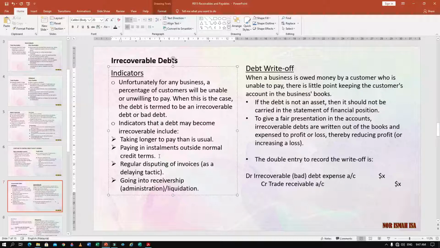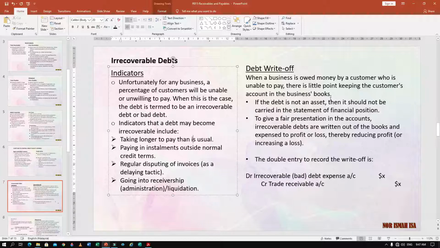Regular disputing of invoices, or going into liquidation, so the customer becomes bankrupt. If this happens, the debt should be written off. So when a business is owed money by a customer who is unable to pay, there is little point keeping the customer account in the business book.